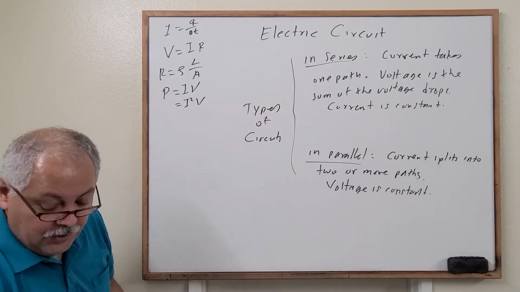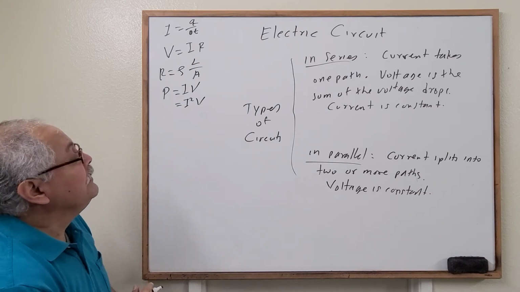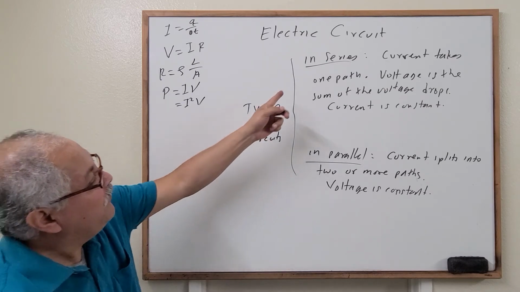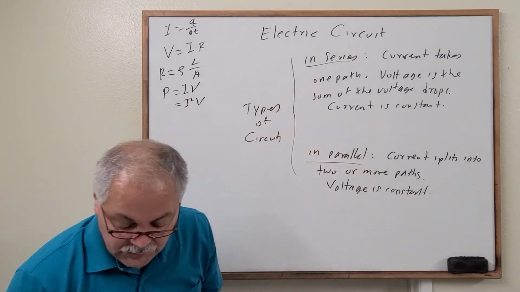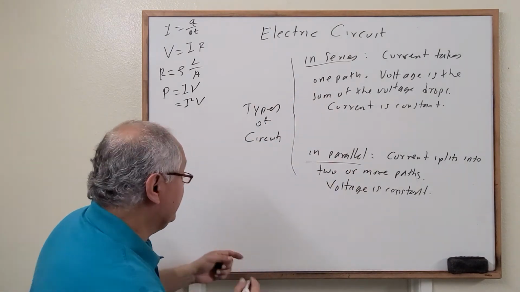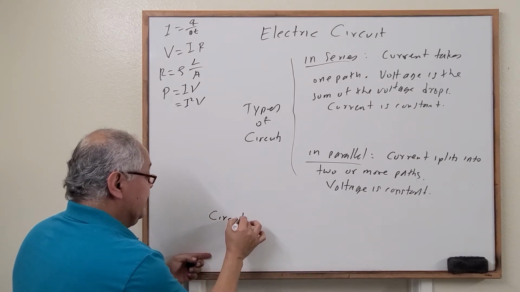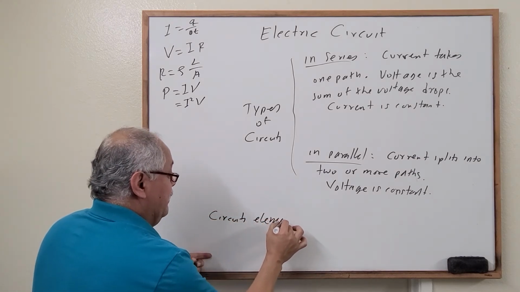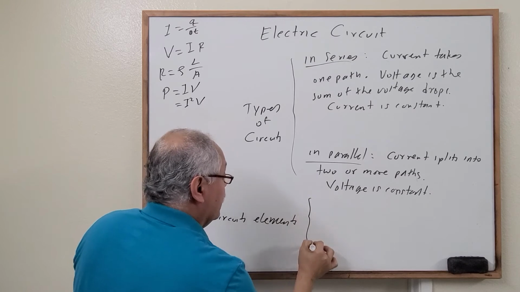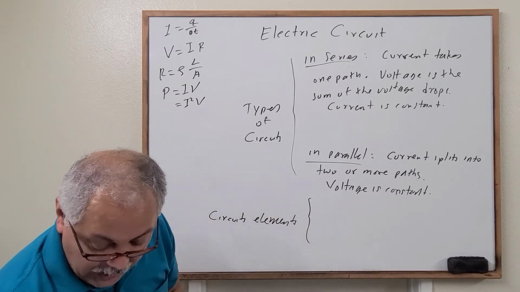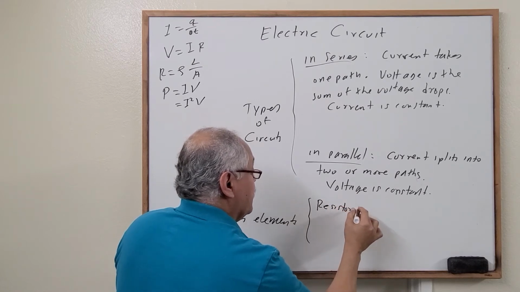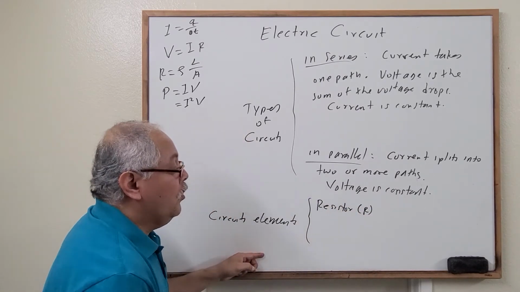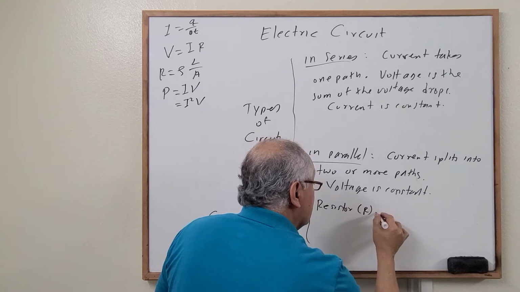Before going to explain this, it's better to go to the circuit elements. These are the circuit elements. We have the resistor, right? We can use this symbol, or we can use this symbol too.